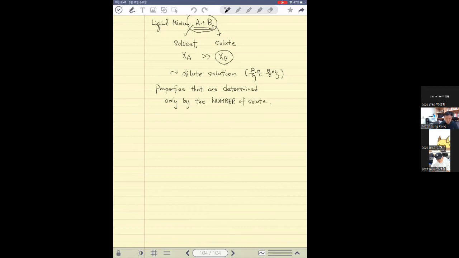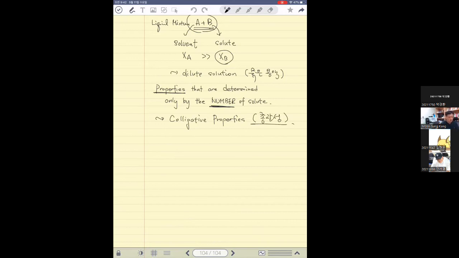What I mean by this is that these properties are not determined by what type of solute I have, but by the number of solutes, or the quantity of solute, not the type of solute. And these properties are called colligative properties. I'm sure that students have learned this somewhere.